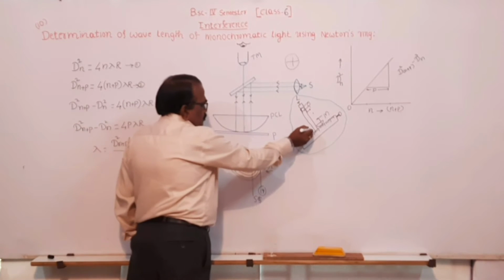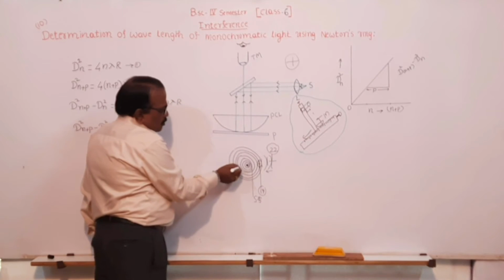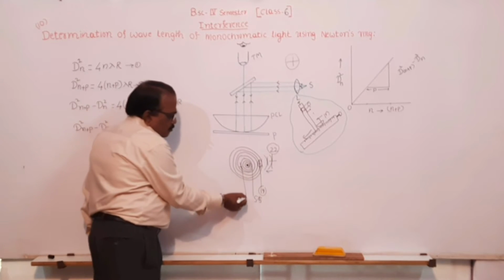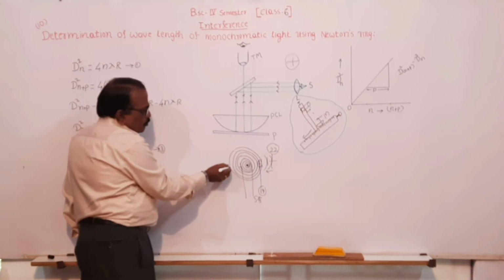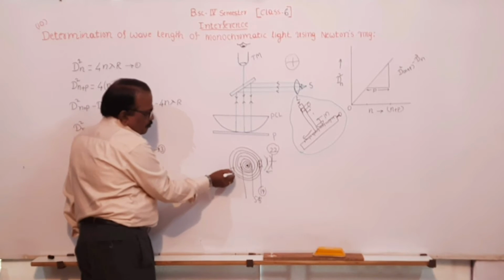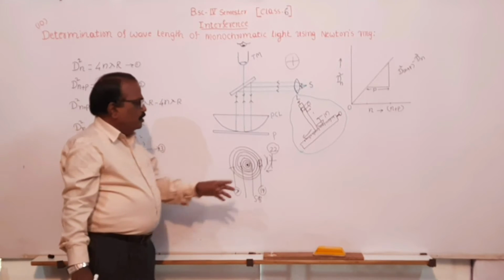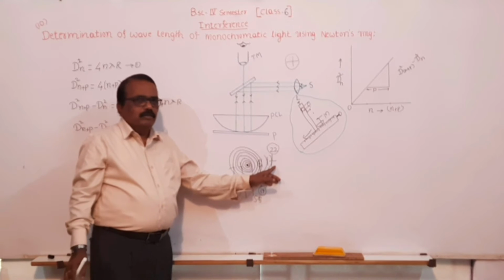Continue moving in the same direction. So focus it on the 5th dark fringe on the other side, this side. Then move it up to the 19th. What you have done is, first you have focused on the 22nd, you have not taken any reading.